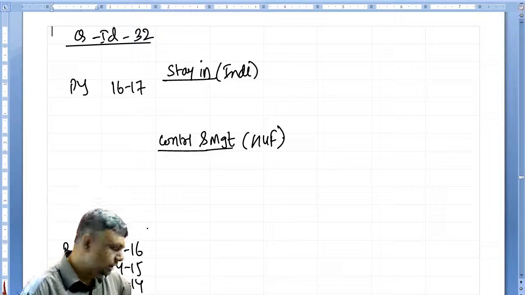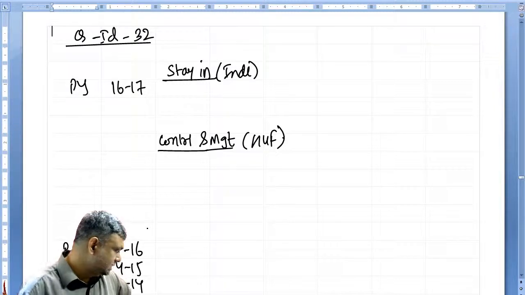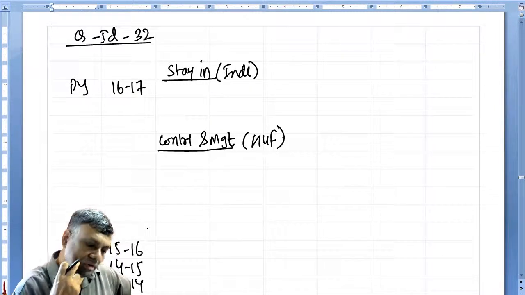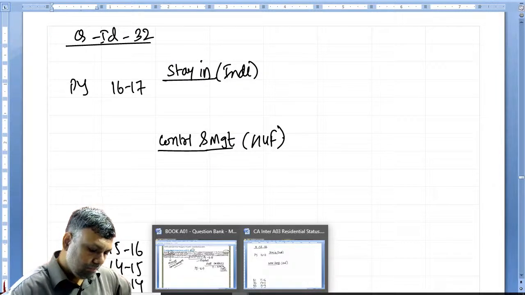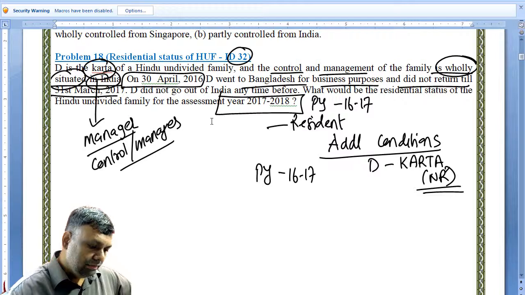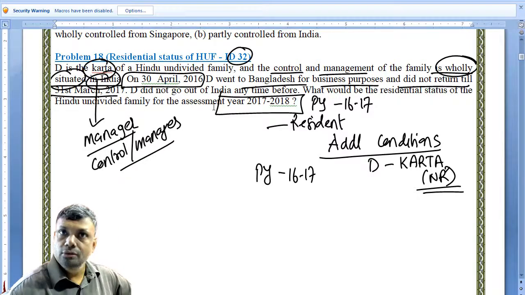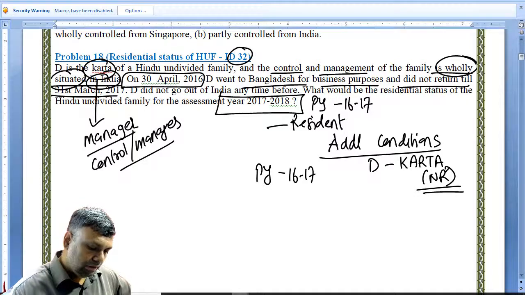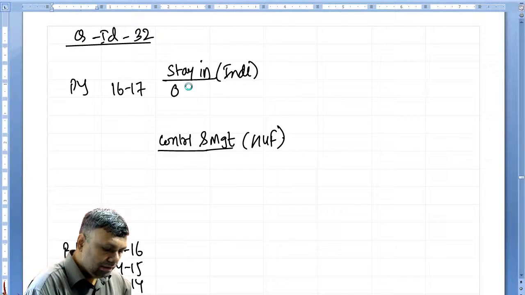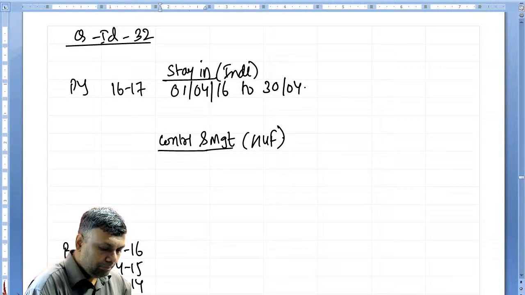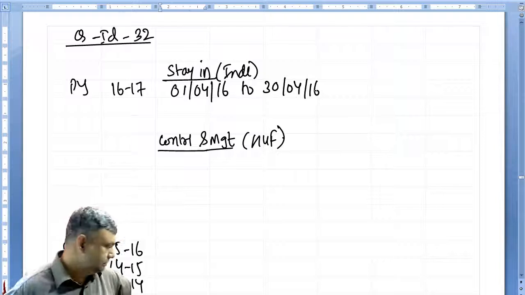Now, the stay in India of the individual is only 1st April to 29th April. Let me just check that. On 30th April, he went to Bangladesh, so the 30th will be counted. The stay in India is 1st April 2016 to 30th April 2016.